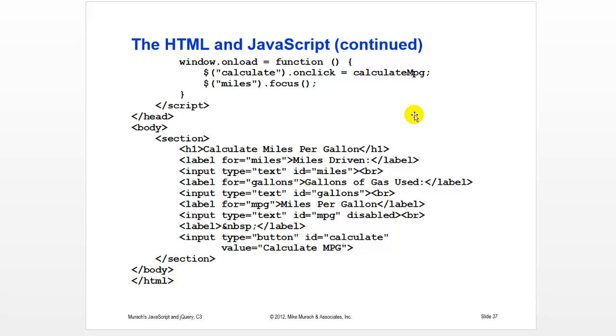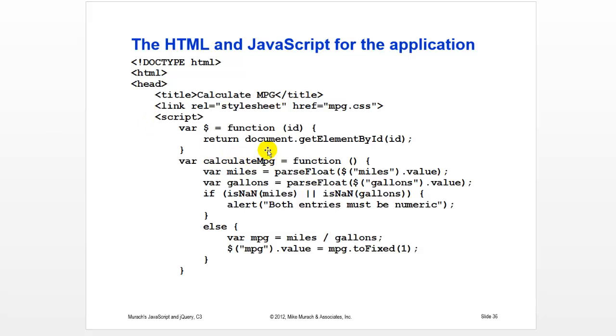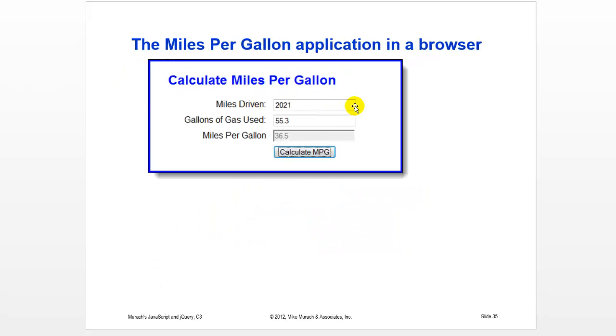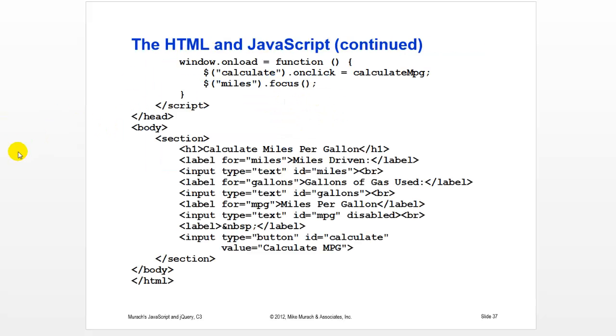So that button calculate is set to calculateMpg, which is the method right here. It's an anonymous function right here. So when the user clicks on the calculate button, it will call that function. Then it just sets the focus to miles, so basically it goes back up here. The focus goes to this text box if you wanted to change some things. And then you have the HTML for it.